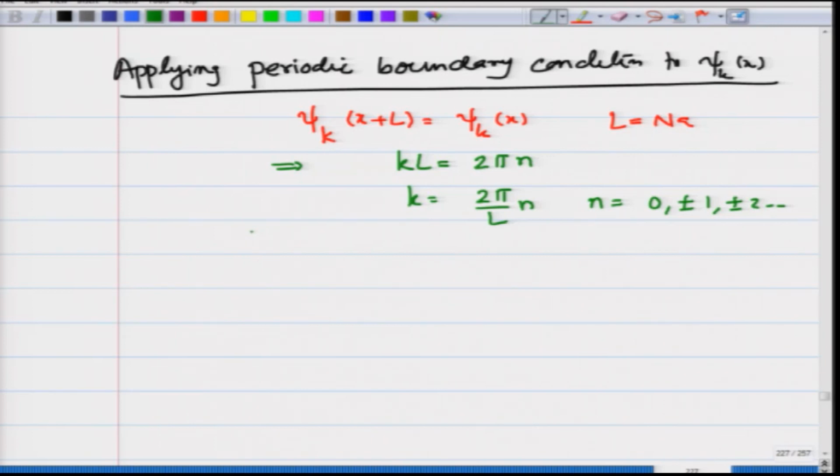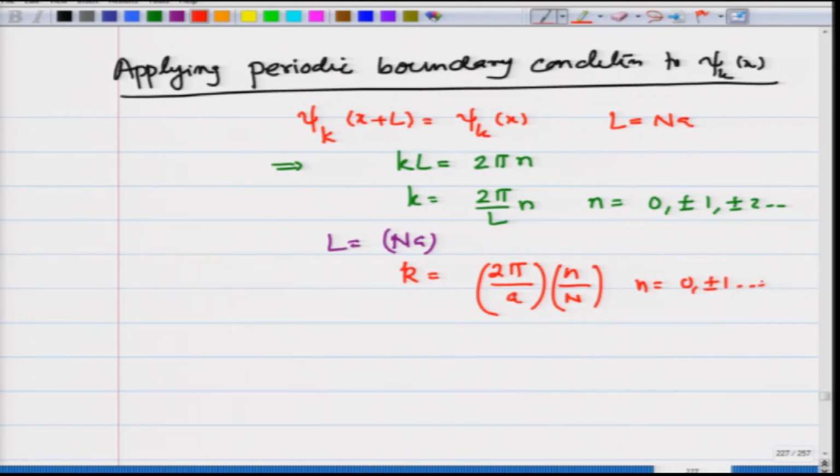And since L equals n a, I get k equals 2 pi over a times n over N, n equals 0, plus minus 1, and so on.